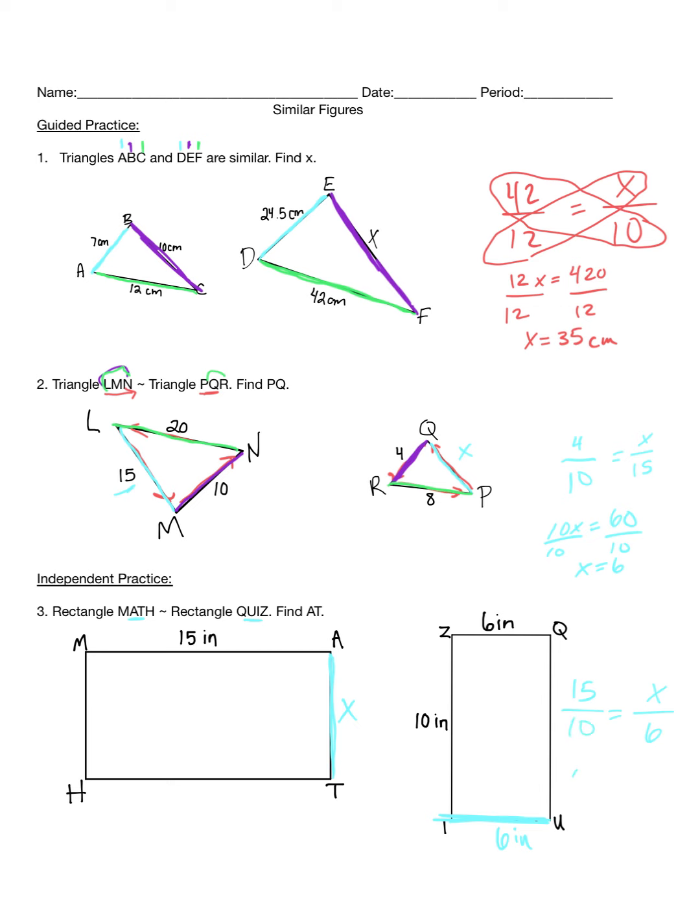Then we're just going to cross multiply. 10x equals, what is that, 90? Divided by 10, x equals 9. Or AT. AT equals 9. Okay.